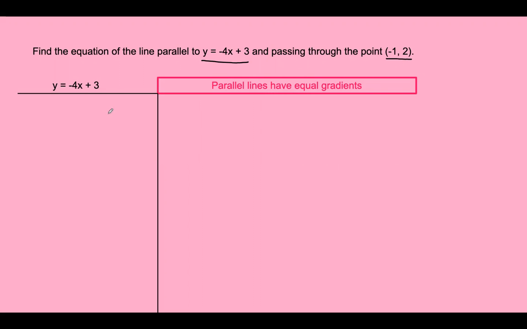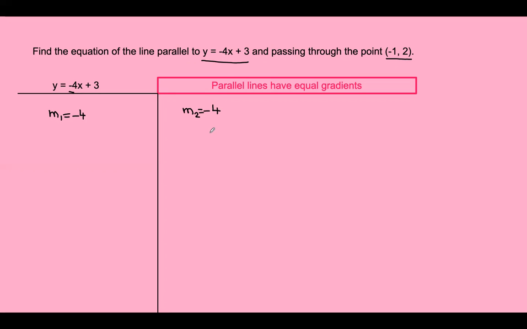Which means if the first line's equation is y equals minus 4x plus 3, the gradient of this line, let's say m1, is minus 4, then the gradient of our line is again going to be minus 4, and I'm going to call that m2. So m2 equals minus 4.